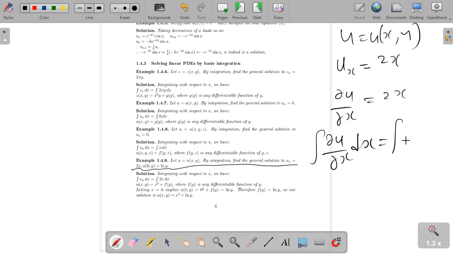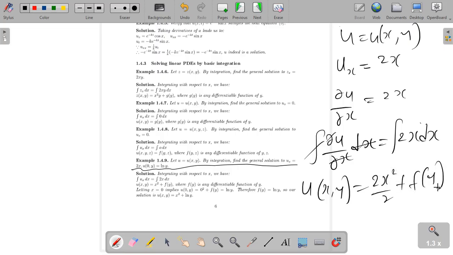This takes care of this, don't cancel, just cancel in your mind. So u of x and y will now be equal to 2x squared over 2 plus f of y. Don't forget, because I integrated with respect to x, u of x and y will now be equal to x squared plus a function of y.